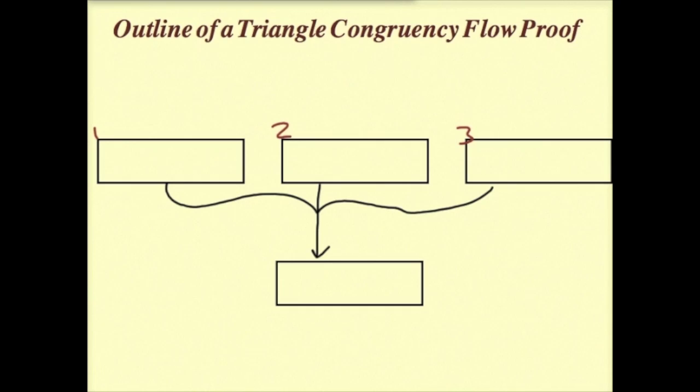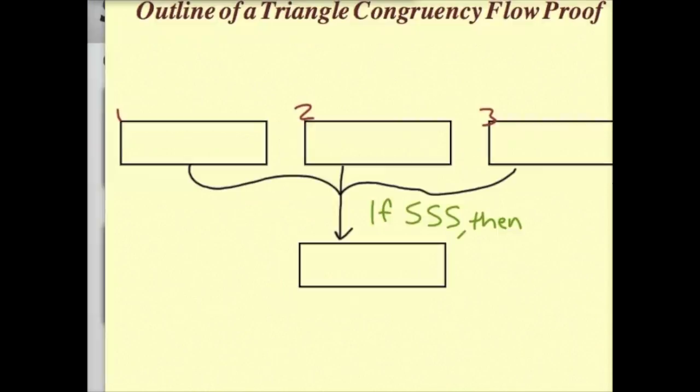And here's why. All of these theorems, so for example, if we have side, side, side, then we can prove that the triangles are congruent. What that means is we need to prove each pair of sides are congruent. In box 1, this would be one pair of sides.